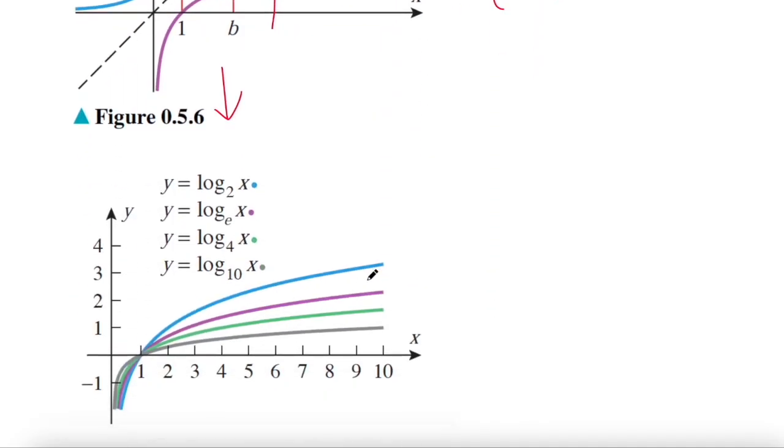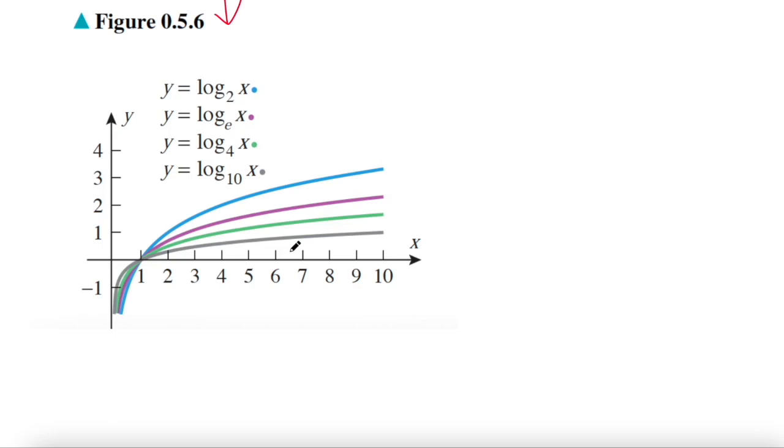You can also look at this graph. Before, we sketched only this one, y equal to log x to the base 2. But if you increase the base to e, 4 and 10, then the graph will be less steep.